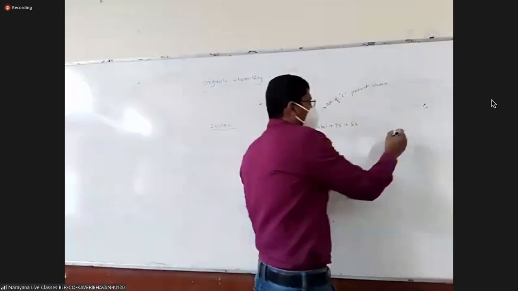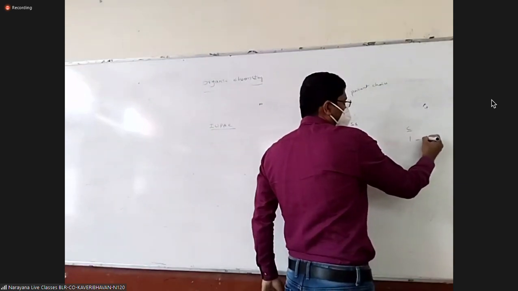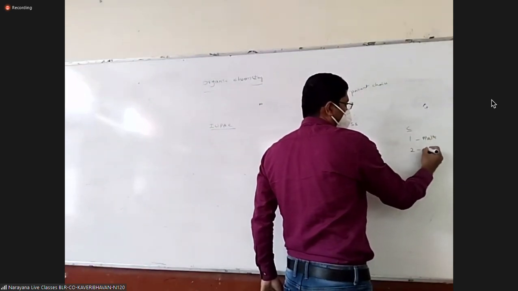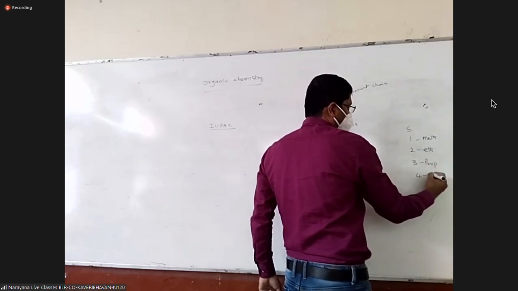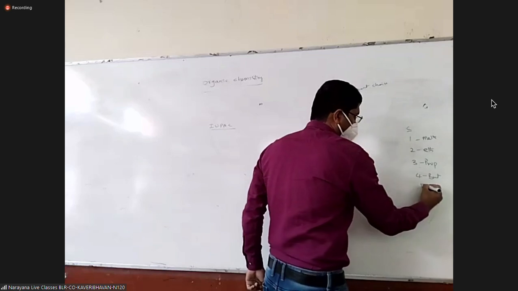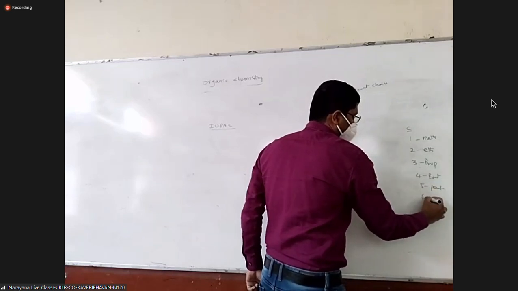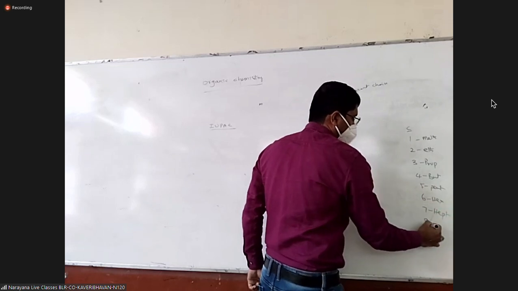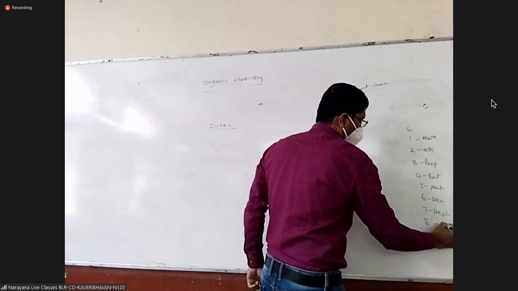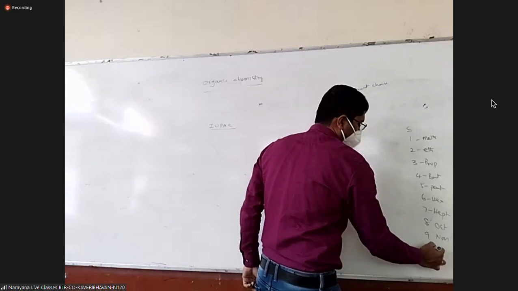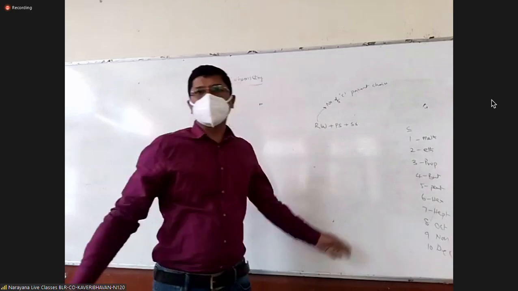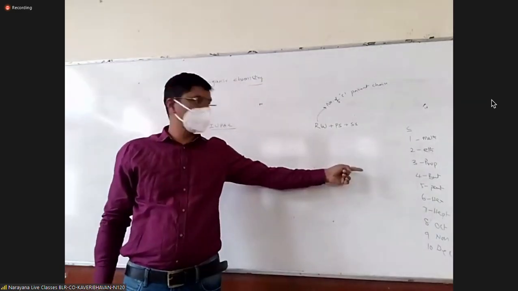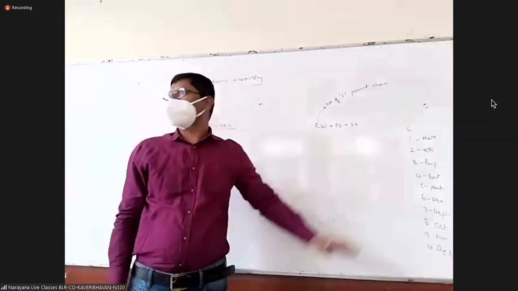Root word names in order: number 1 is meth, 2 is eth, 3 is prop, 4 is but, 5 is pent, 6 is hex, 7 is hept, 8 is oct, 9 is non, 10 is dec. Easy.